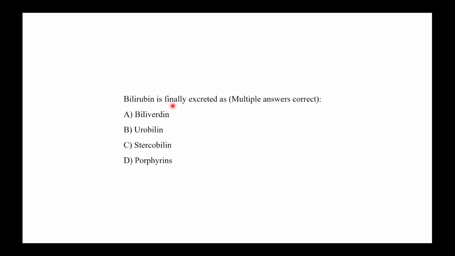Multiple answers could be correct. So the correct answer is option B and option C, urobilin and stercobilin.